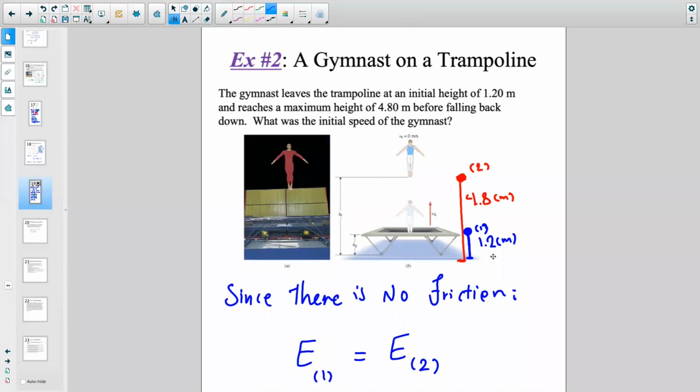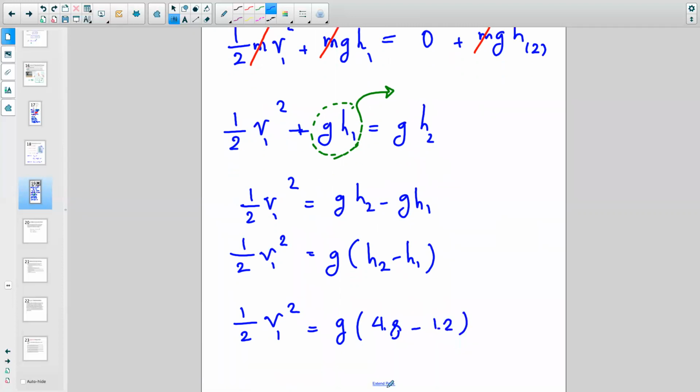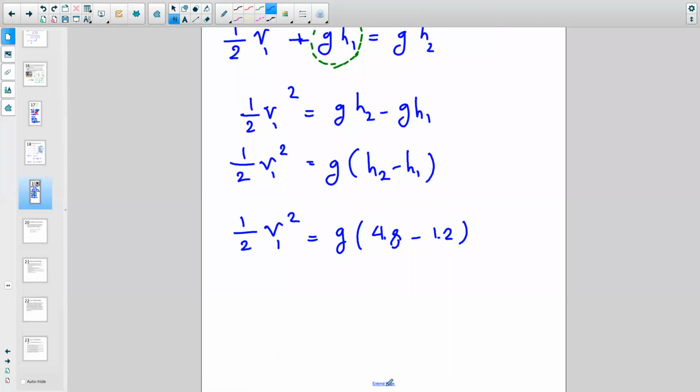4.8 is h2. 1.2 is h1. So 4.8 minus 1.2. And we have a value for g, so let's substitute the value that it has. We know what g is: 9.81.